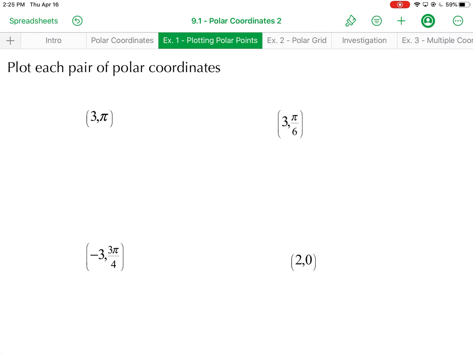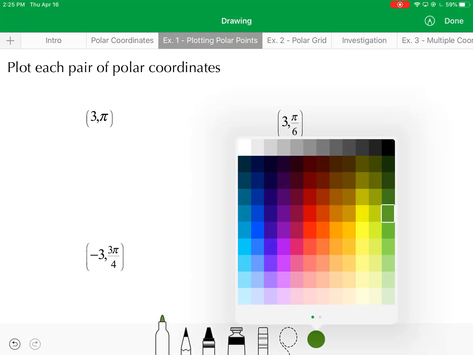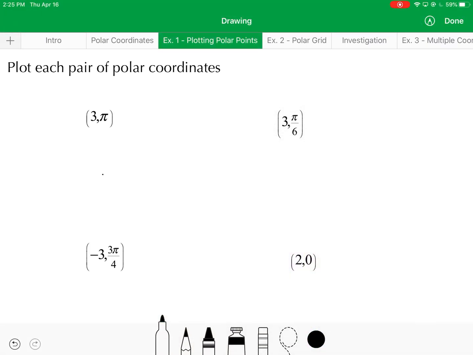Okay, so let's start with (3, pi), and I always want to begin with putting a point down for the pole, and then here's my polar axis, and I'm just going to sweep out pi, and then off the terminal side of that angle, I'm just going to count 3 spaces, and that would be where I would place my point of (3, pi).